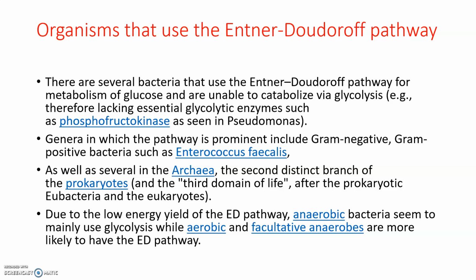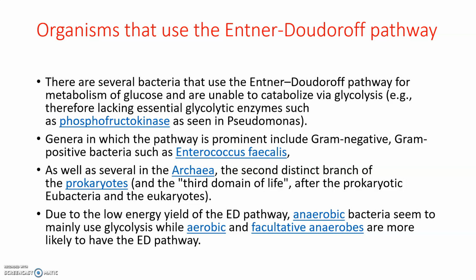For example, organisms lacking essential glycolytic enzymes such as phosphofructokinase, an important enzyme in glycolysis. Certain bacteria such as Pseudomonas lack this enzyme, so they prefer the alternative ED pathway over glycolysis.